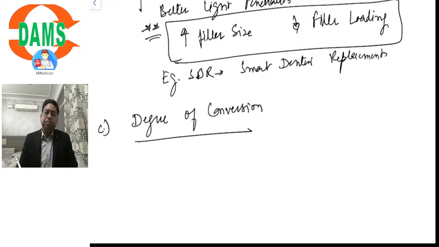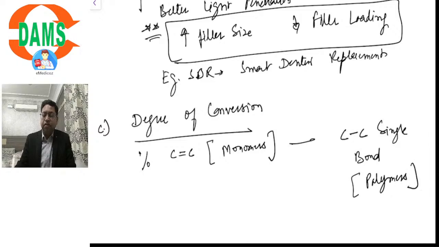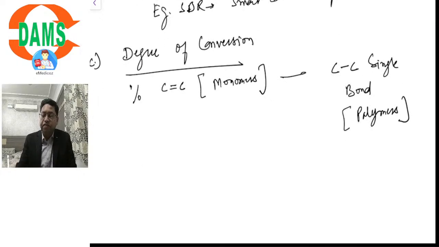So degree of conversion basically stands for percentage of carbon-carbon double bonds which are present in monomers that change to carbon-carbon single bonds in polymers. This is known as degree of conversion. How many carbon-carbon double bonds in the monomer chain would change to polymer single bonds?